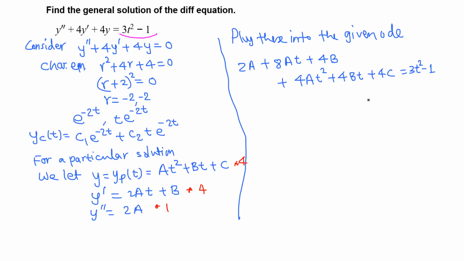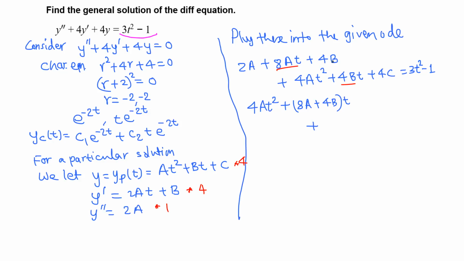Okay, let's combine the left hand side. For t squared, we have 4At squared. Let's look at the terms containing t. So here is t, here is t. We can factor t out, so (8A plus 4B) t, and plus the remaining constants.